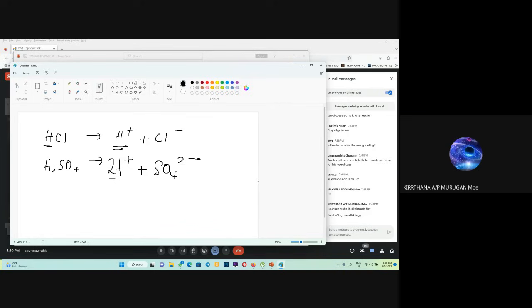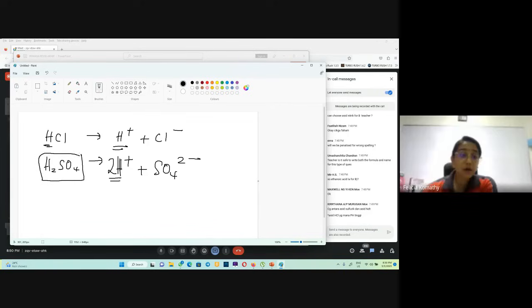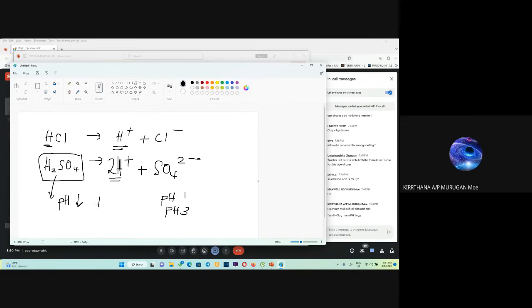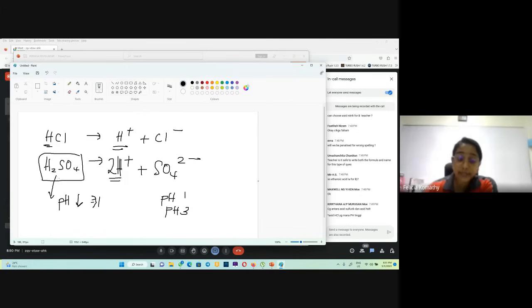Sulfuric acid. So, how about the pH value for sulfuric acid? Must be much lower, right? If I give you pH 1, pH 4, or pH 3, sulfuric acid must have pH what? pH 1. Remember, the higher the concentration, the lower the pH.